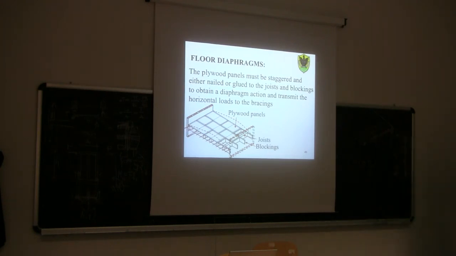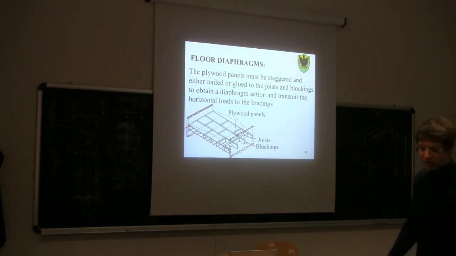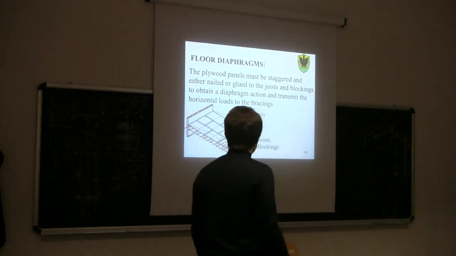Also the nail connection between the sheathing and the blocking and the joist will be subjected to this in-plane shear. So we have to design for in-plane shear the sheathing itself and the nail connection between the sheathing and the framing, so the joists and the blockings.